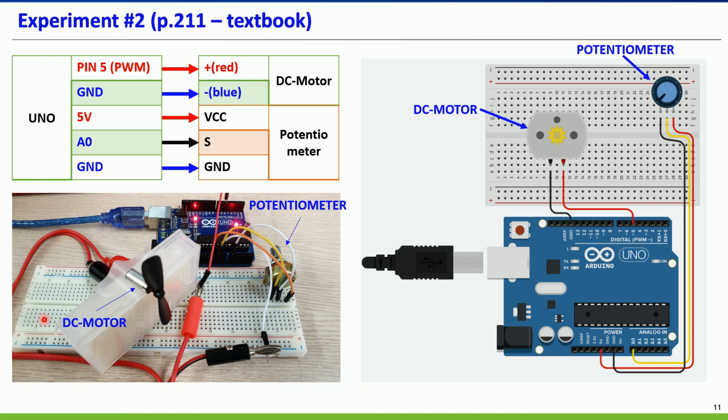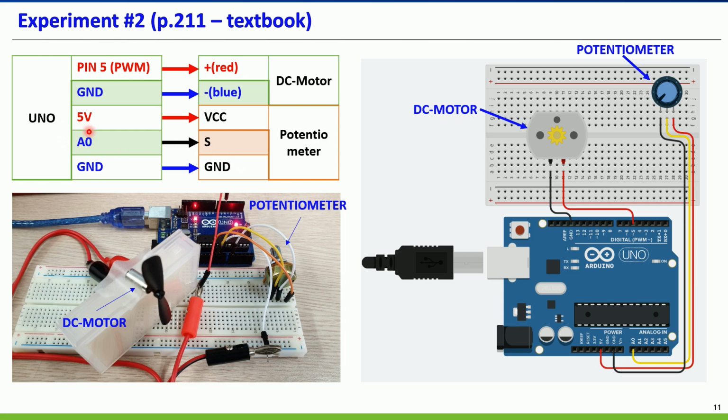For the second experiment, I just took it from the textbook page 211. In here we drive the DC motor with a similar pin which connects directly to red, and this one is ground also, and we just add an additional potentiometer.